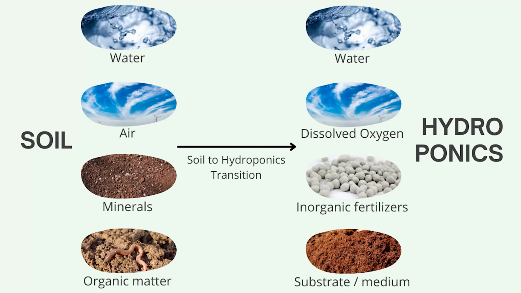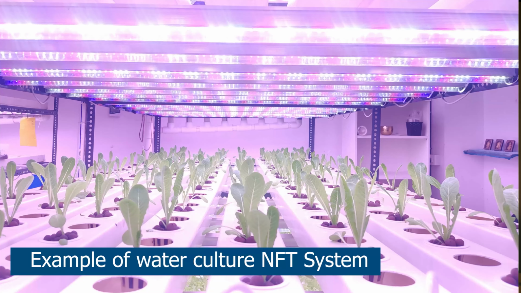The second component is water itself. Hydroponics is divided into water culture or pure hydroponics and substrate culture depending on how a plant sits on water. If a plant is sitting on water with the help of small little inert media, then it's true hydroponics because the plant is actually growing on water, so it's water culture or true hydroponics.